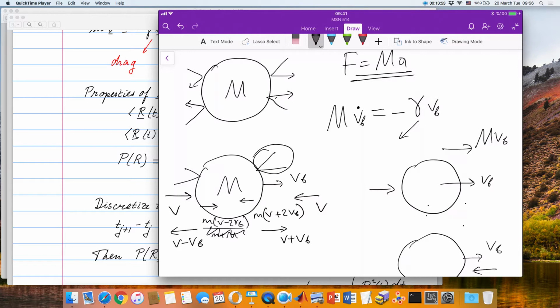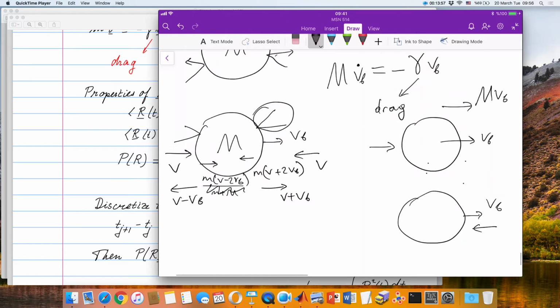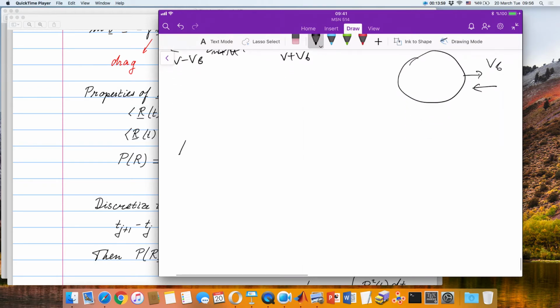Drag. Yes. Okay, it's very ugly now, so let me write it down one more time. Can I use v dot? Do you understand that it's the ball's velocity? Okay, minus gamma v ball. So this is the drag term.